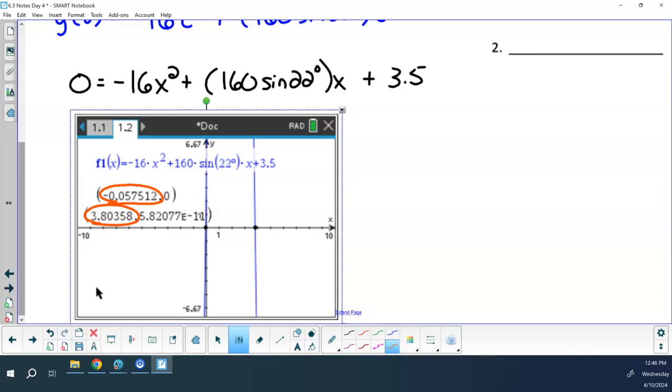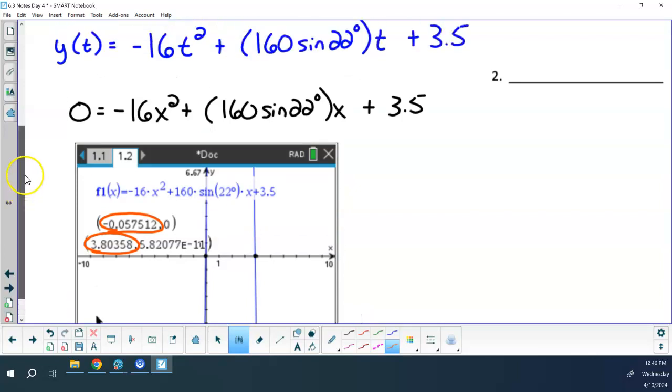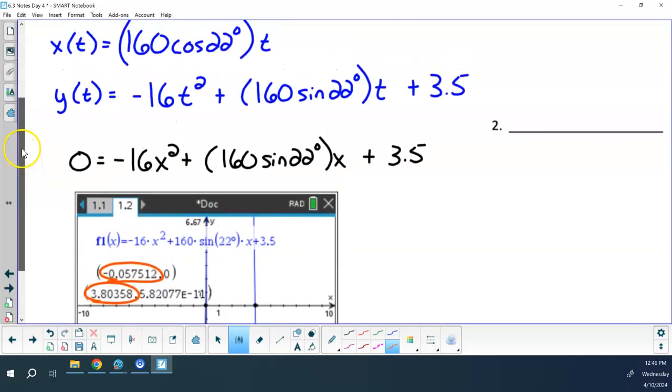So what am I going to do with that 3.80358 time? Well, I could type it into trace, yes. Or I can just put it in right there for t.